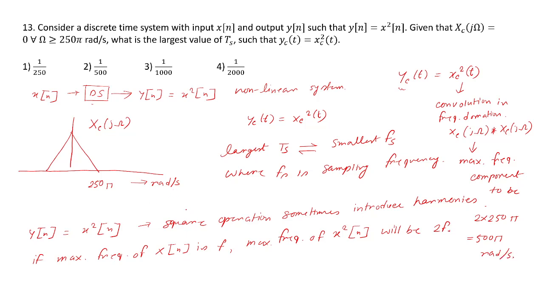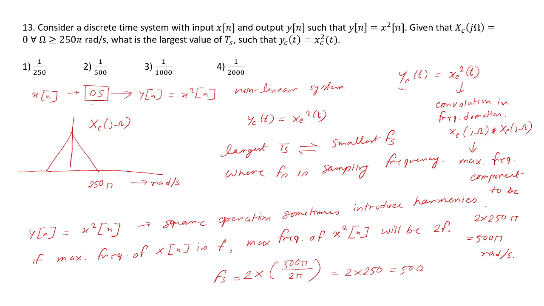So you have to ensure the sampling frequency is such that you are enabled to reconstruct the signal without any distortion. Therefore you should sample at a rate twice that, 500 pi over 2 pi, that is 2 times 250, which is 500.